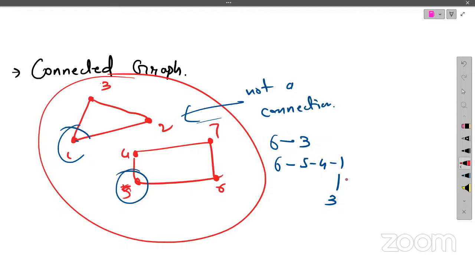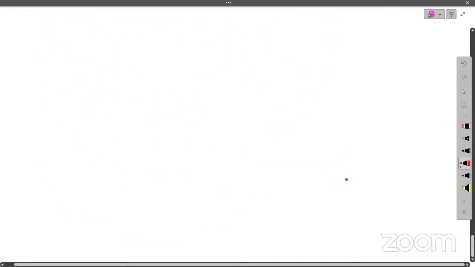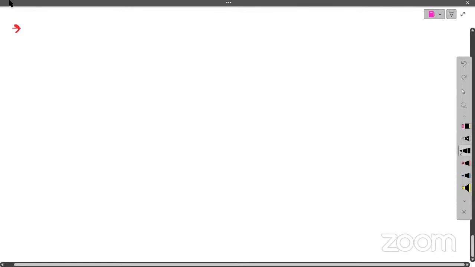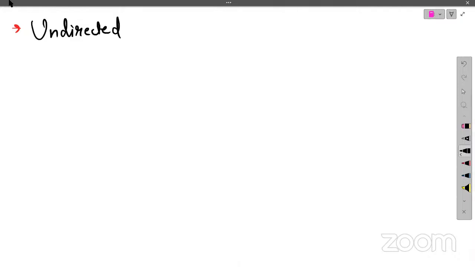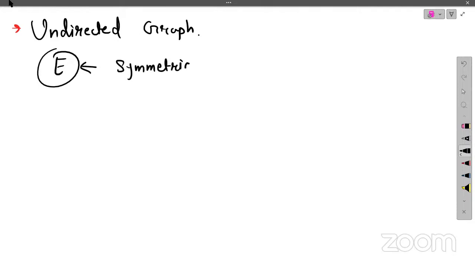Now there are also two types of graph, directed graph and undirected graph. So this is the undirected graph situation. First let's understand what an undirected graph is. In an undirected graph, if you look at the set of edges E, this will be a symmetric relation, so it will satisfy the symmetric property. What is the symmetric property?